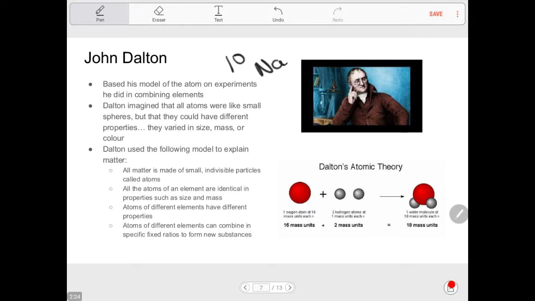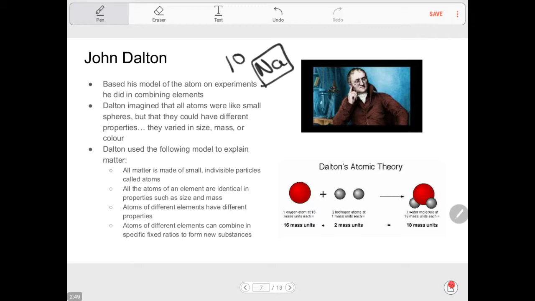Now those are all sodium atoms. They would all be exactly the same. All 10 of those would be the same size, the same mass, the same reactive properties. So does that make sense? An atom is the same when you're looking at the same element. But when you're looking at atoms of different elements, they will have different properties.